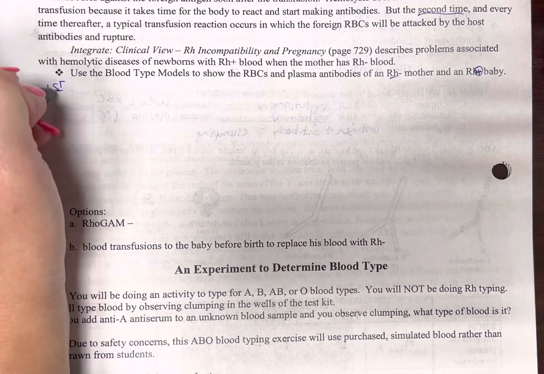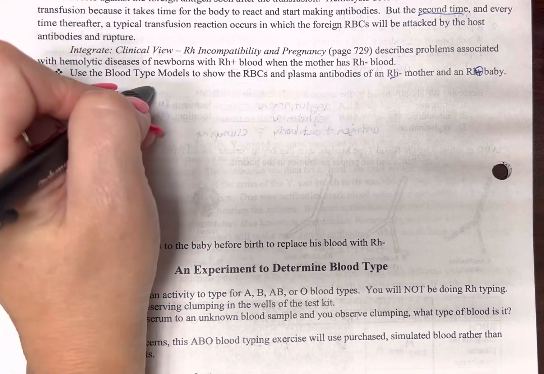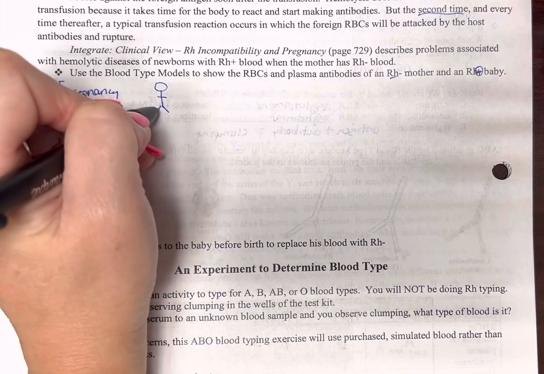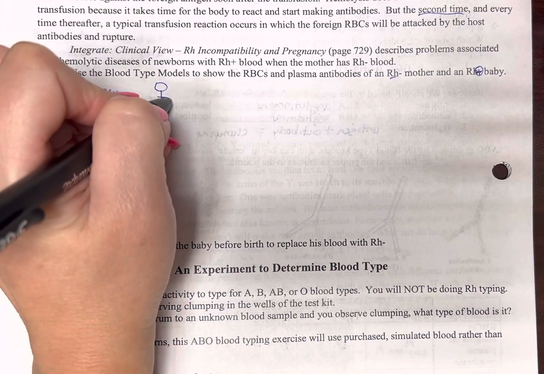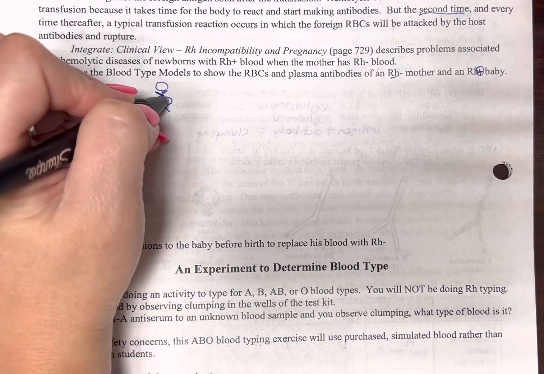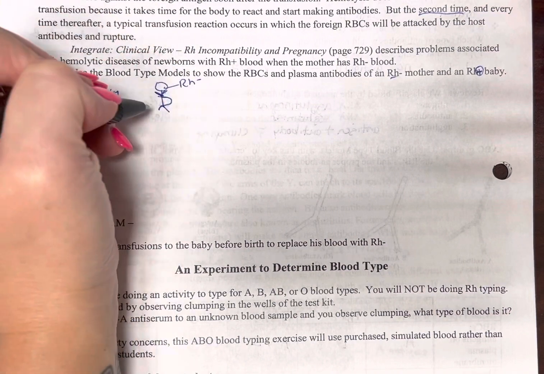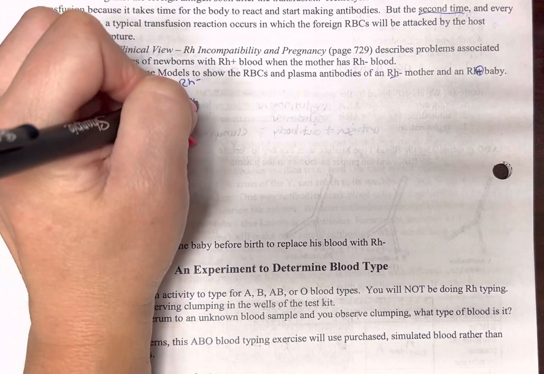So during the first pregnancy, we have mom, ignore my terrible drawing, and here's her baby belly. I know it looks terrible, but there's mom, here's her baby belly. Mom is Rh negative. Baby is Rh positive.